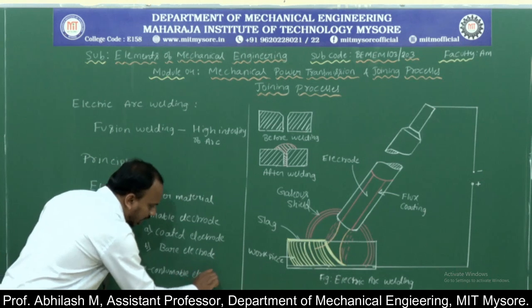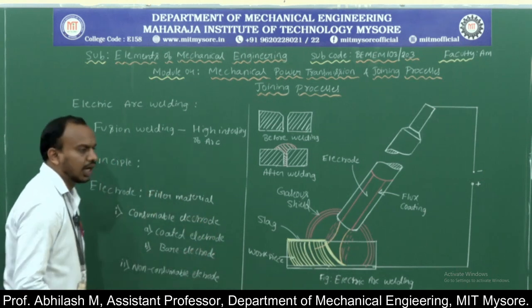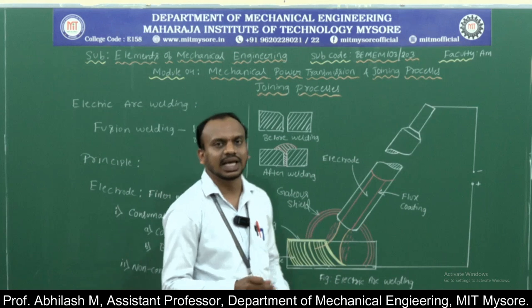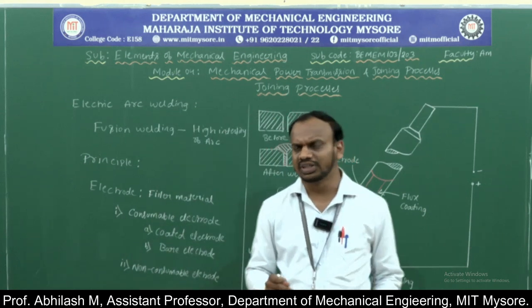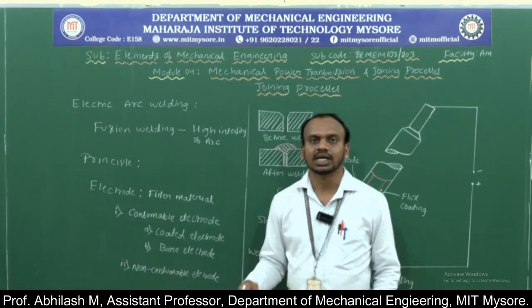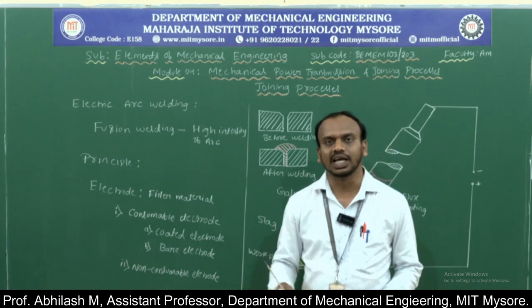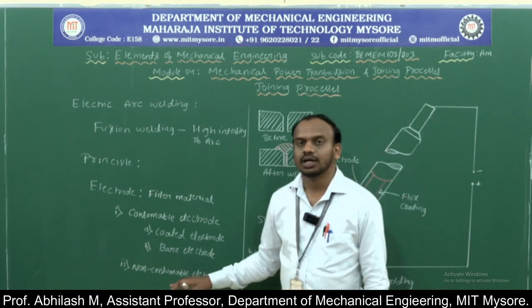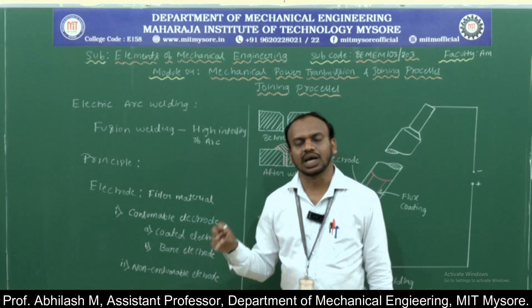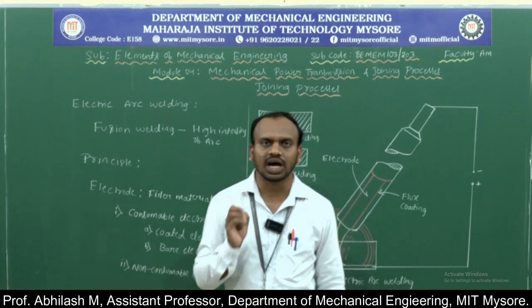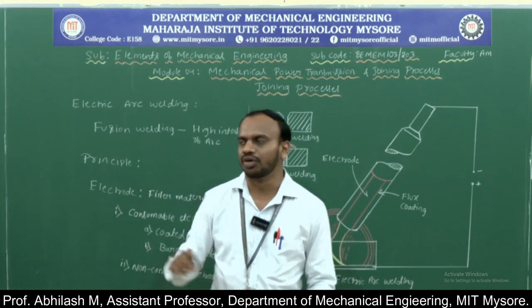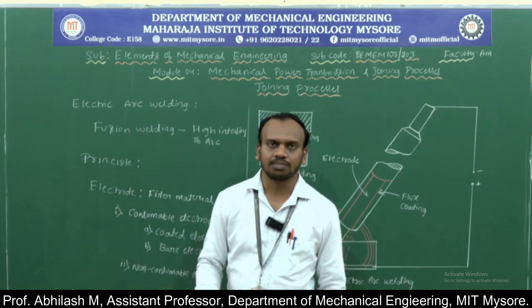A good example is the tungsten electrode, which is non-consumable because the melting point of tungsten is really high, so it won't get consumed during the process. It is just used to produce the arc, which is essential for the electric arc welding process.